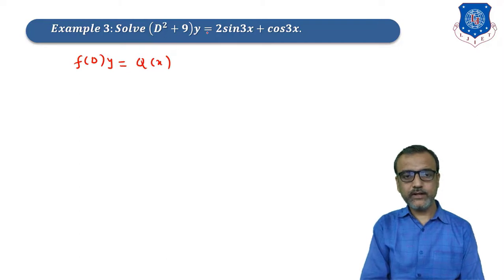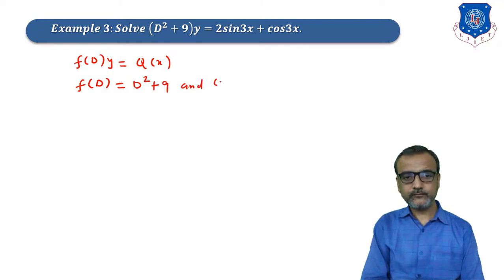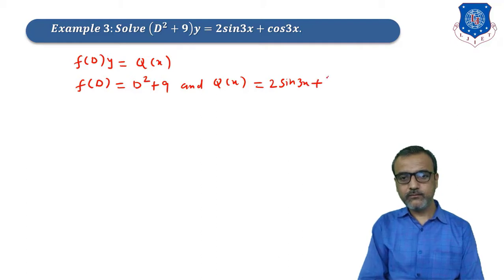If we compare the given differential equation with this standard form, we have f of D equals D square plus 9 and Q of x equals 2 sin 3x plus cos 3x.